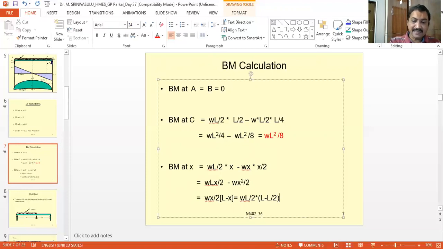So if you simplify this equation, W into L by 2 into (L minus L by 2). W into L by 2 will be remaining there, and this L minus L by 2 is nothing but L by 2.